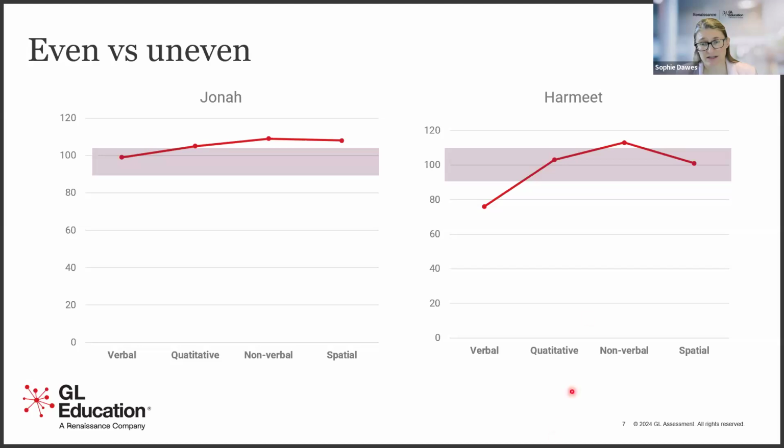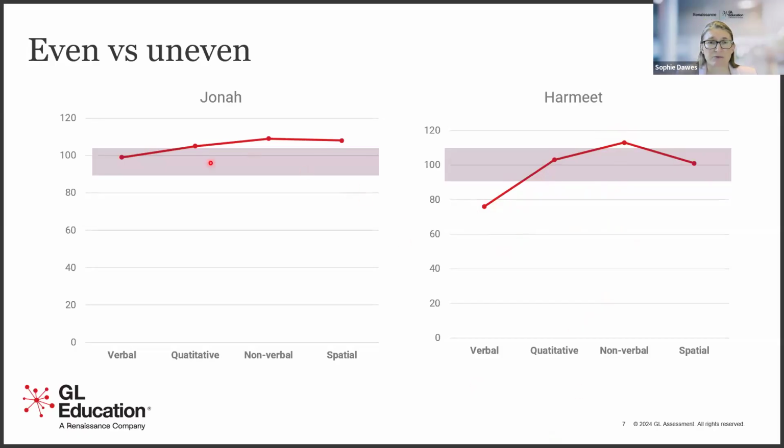Whereas Harmeet, on the other hand, there's a real difference between the highest score which here is in non-verbal, which is above average, and the lowest score, which here is the verbal. We call this a spiky or uneven profile, and this indicates they've got a relative challenge in this area of verbal reasoning.